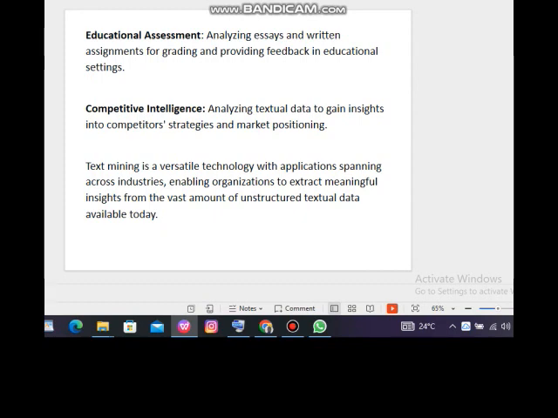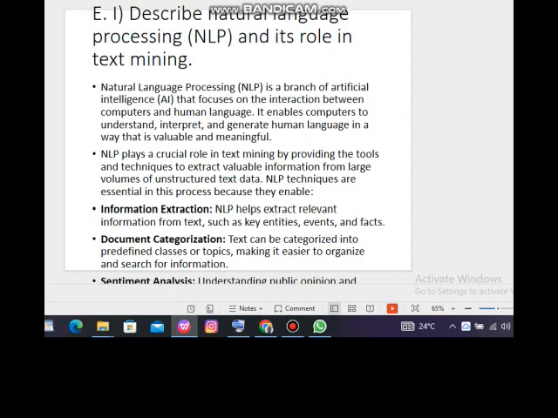Text mining is a versatile technology with applications spanning across industries, hence enabling organizations to extract meaningful insights from the vast amount of unstructured textual data available today. Describe natural language processing and its role in text mining.